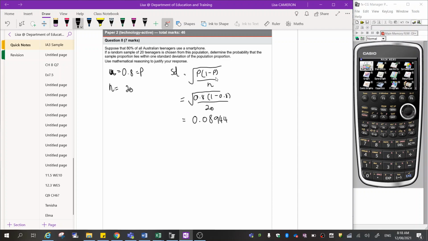If we want to determine the probability that the sample proportion lies within one standard deviation of the population proportion, it means that we're going to be looking to see here, that's the mean, so that's 0.8. We want to go plus 1 standard deviation and minus 1 standard deviation.